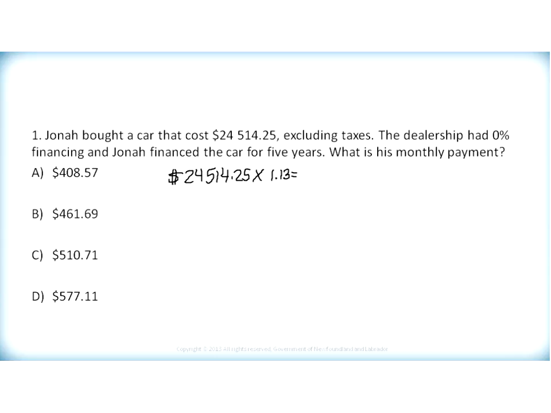So we multiply $24,514.25 times 1.13. We get a value of $27,701.10. Okay, so the full price of the car is going to be $27,701.10, including taxes. So right here we said excluding taxes. Well, this is including taxes now.